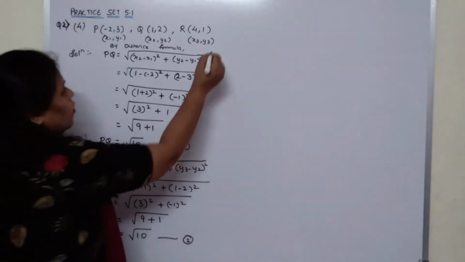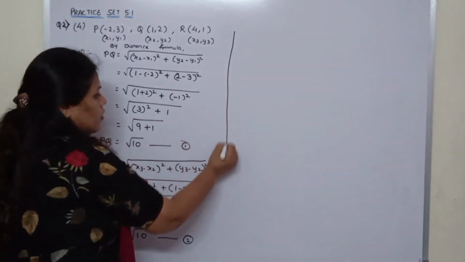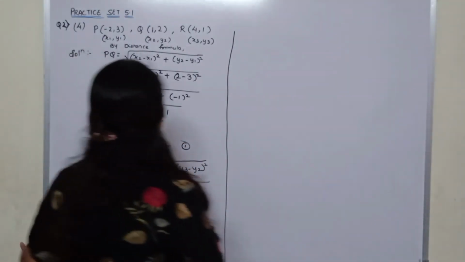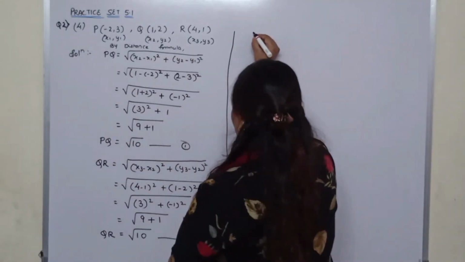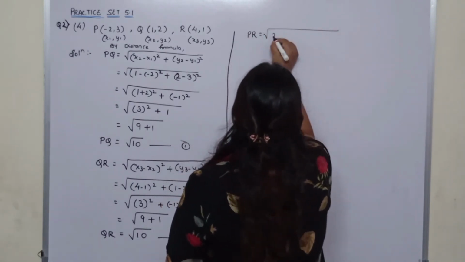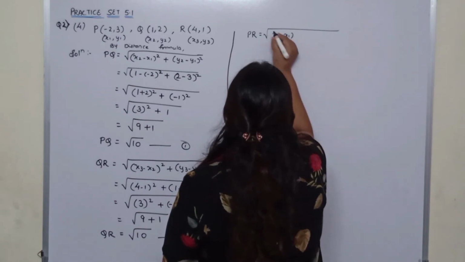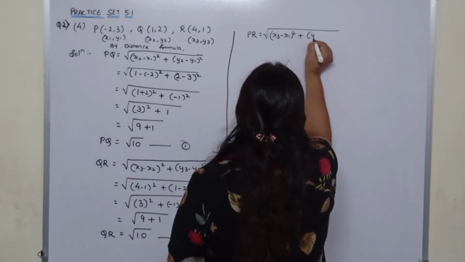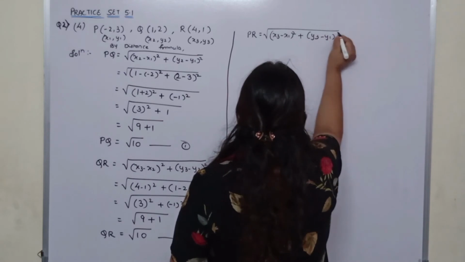Now we will see what is the distance of PR. So PR equals under root x3 minus x1 the whole square plus y3 minus y1 the whole square.